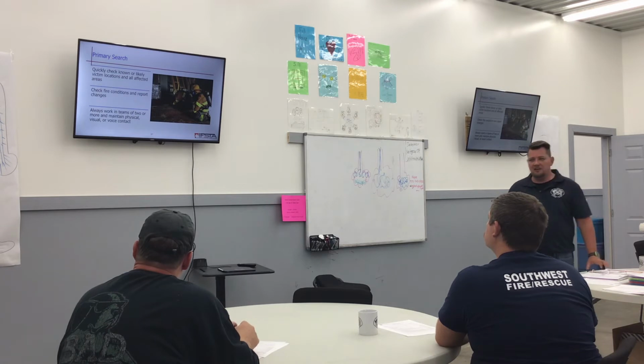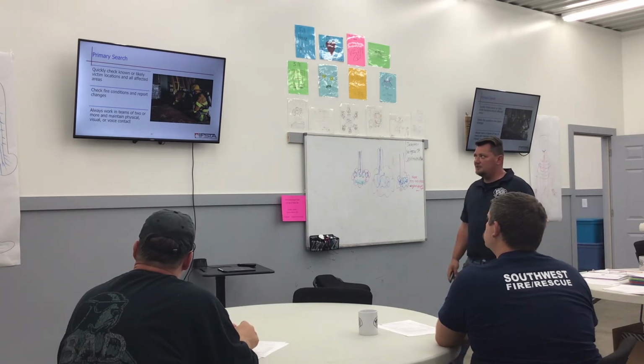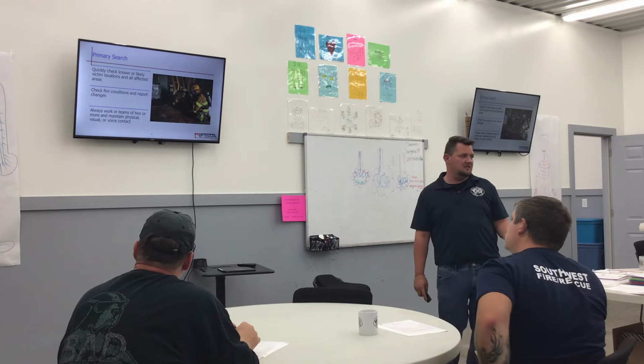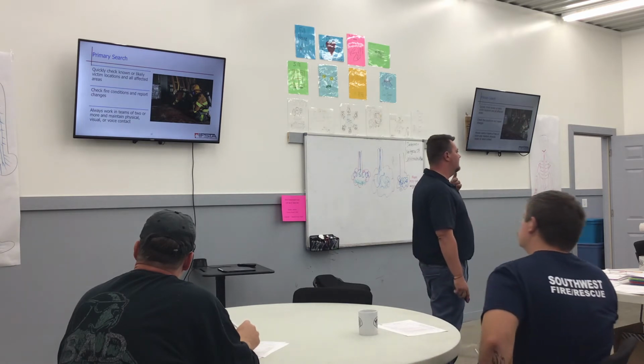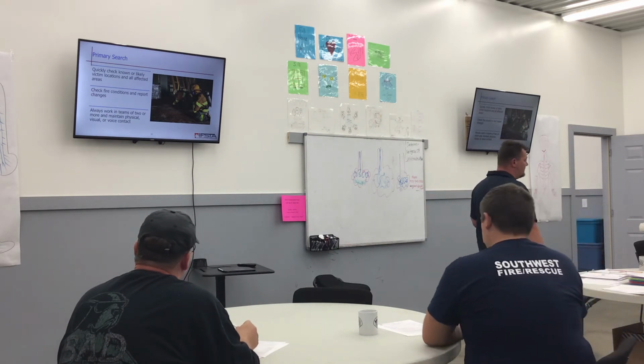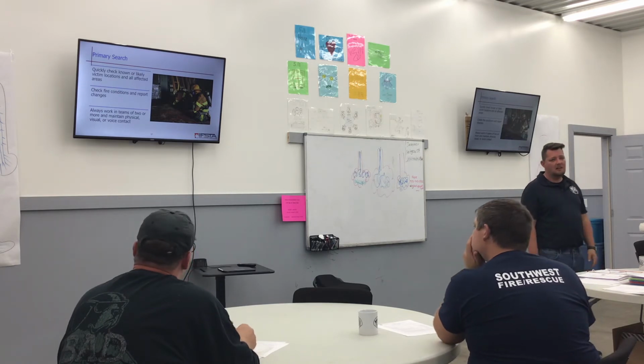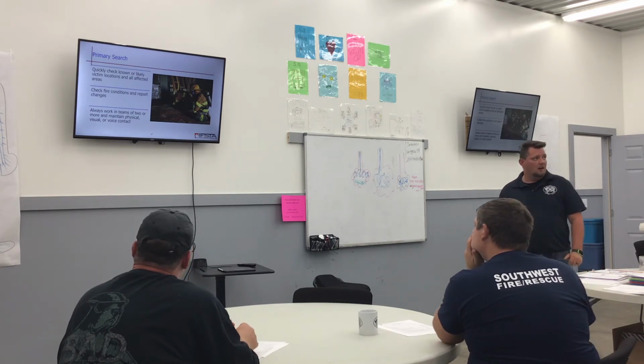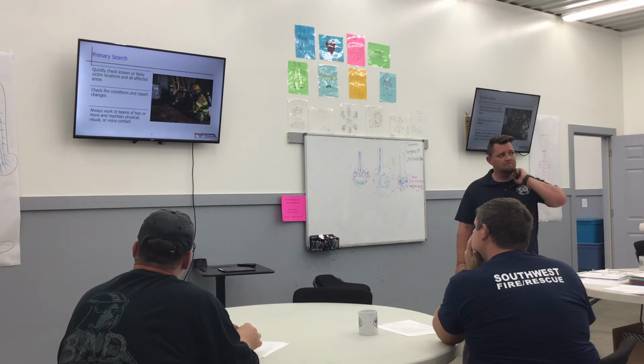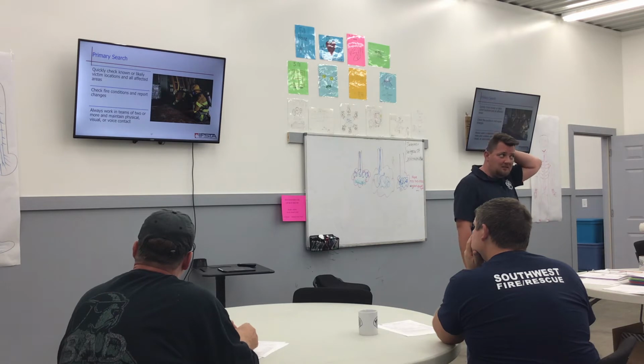We're going to quickly check any known or likely victim locations, all those safe havens that we talked about, so bedrooms, closets, under beds, couches, bathrooms, anything like that. Check fire conditions and report them, and always work in teams of 2 or more and maintain physical, visual, and voice contact.